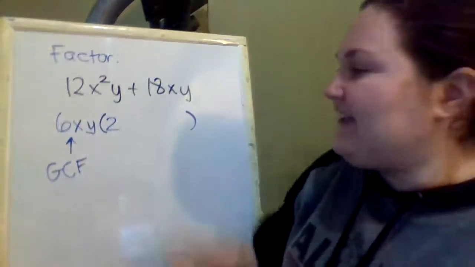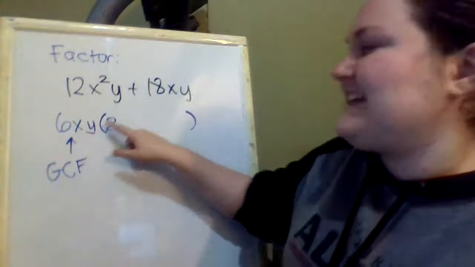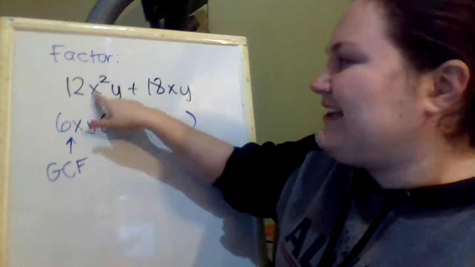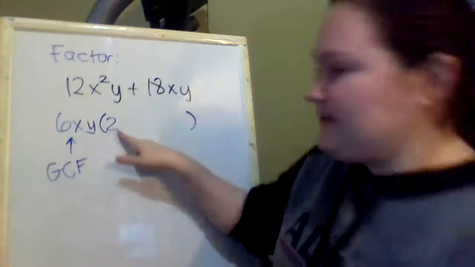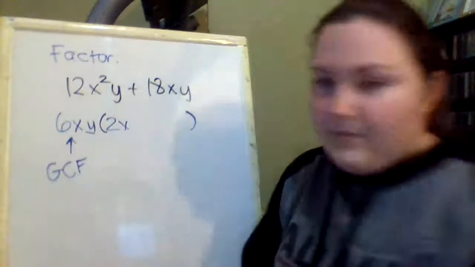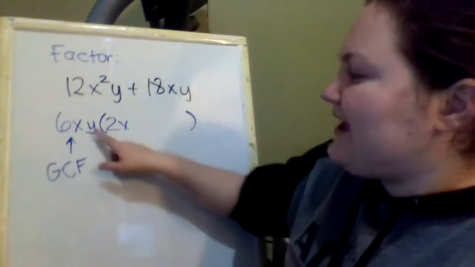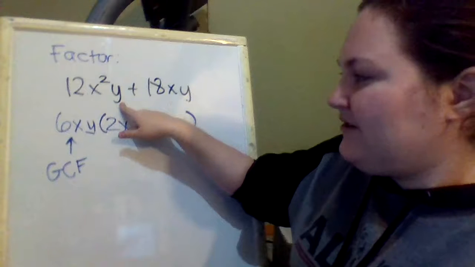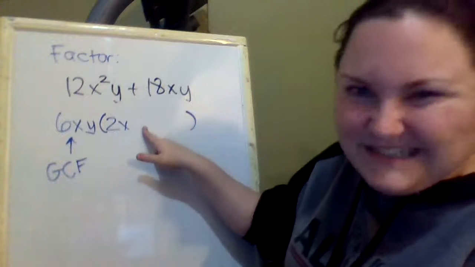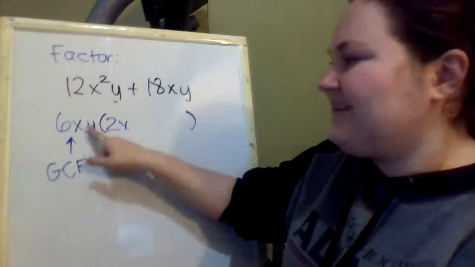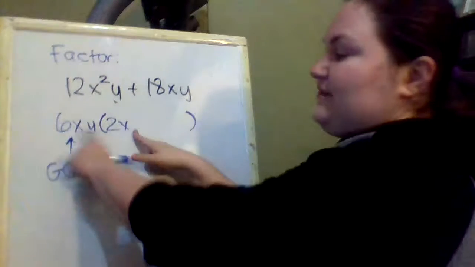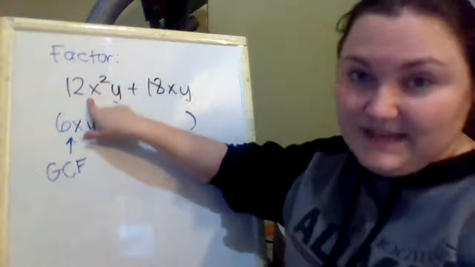And then going on to your x's, x times what would give me x squared? Well, I need 2 x's. I have 1, so I would need 1 more x. And then for the y's, y times what will give me y? Well, I already have what I want. I don't need any more y's. I need 1 y. I've already pulled out 1 y, so I don't need any more. So these two here, I'm going to say would multiply to give me this.